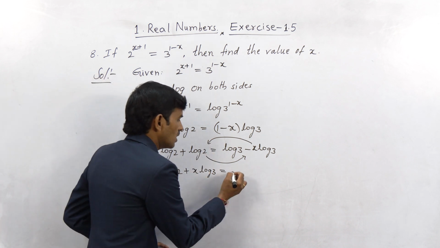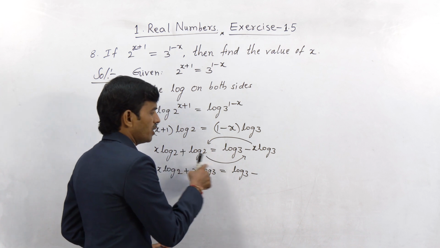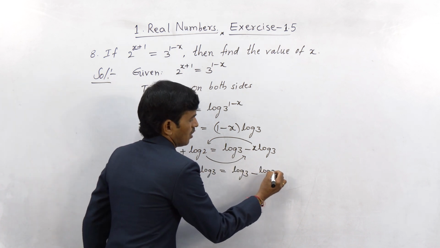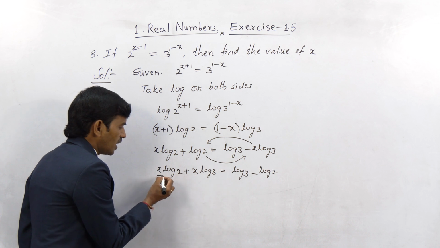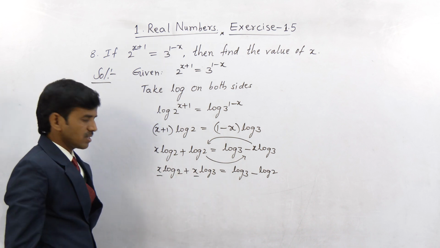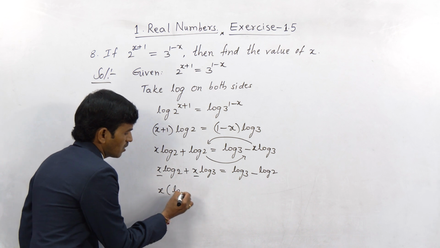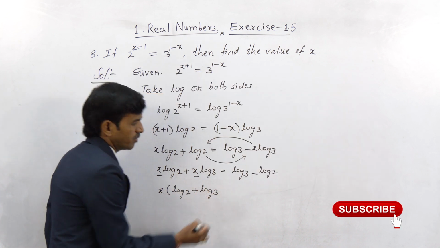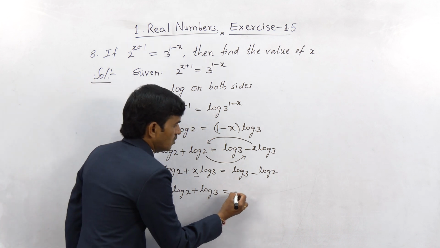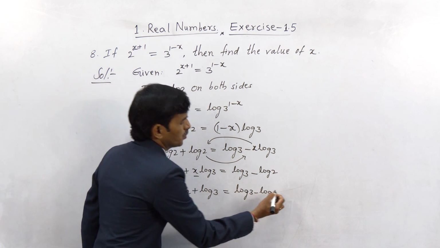So according to that, log 3 minus this, plus value becomes what? Minus log 2. So here what are the terms common here? Here is the x, here is the x, which is common. So let us take common, that is x into log 2 plus log 3, which is equal to log 3 minus log 2.